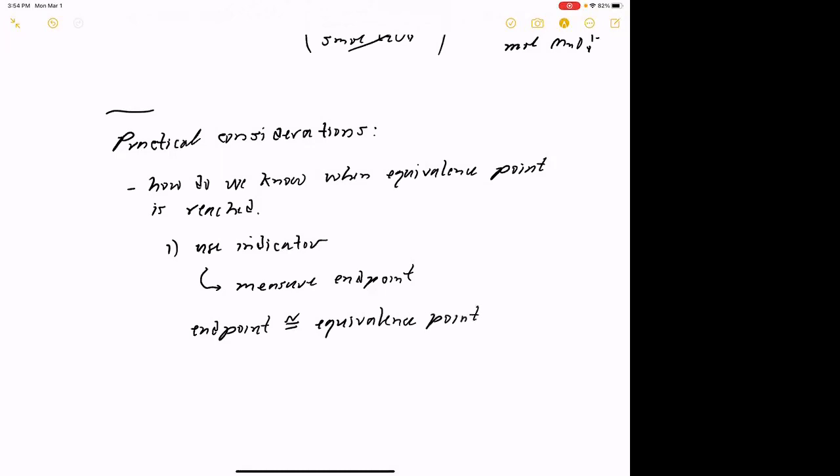Anybody think of why the endpoint and the equivalence point wouldn't be exactly the same? You have the reverse reaction. Well, there's that. Yeah, we haven't even begun to consider equilibrium at this point. But we'll come to that later. There are some simplifying things we can say about that down the road.